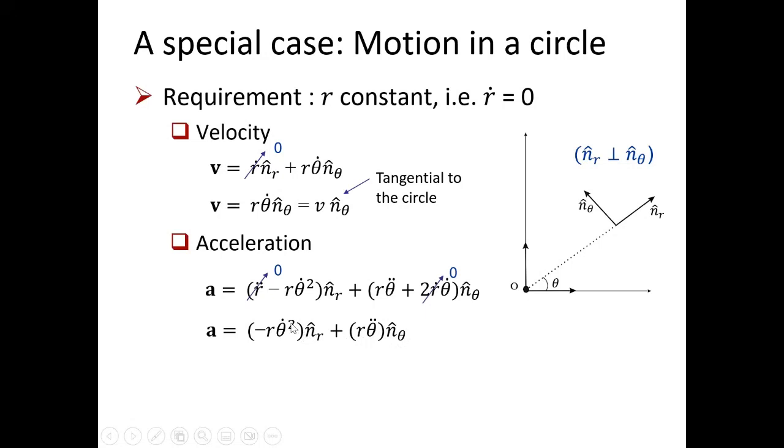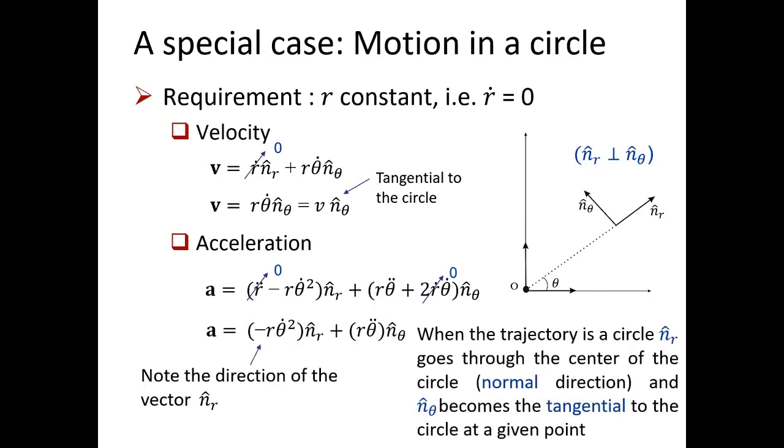And again, you can see the reason why there is a minus sign here, because we have defined our n hat r radially outwards, and we know that this acceleration component in a circle is always radially inwards. Therefore, we get this minus sign over here. And this is basically what I wanted to tell you about the kinematics along complex curves.